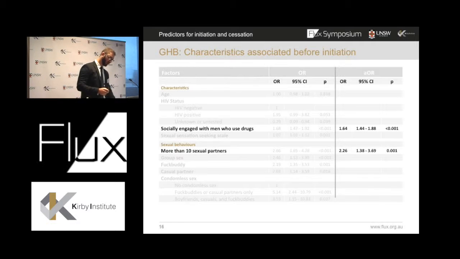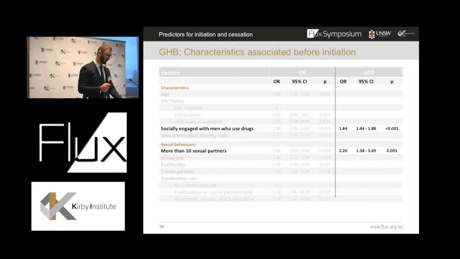Both these drugs are primarily used by gay men to enhance sex, very often in the party and play scene. So the relationship with sexual activity isn't surprising, nor is it surprising that the key factors driving crystal uptake would apply to GHB as well.